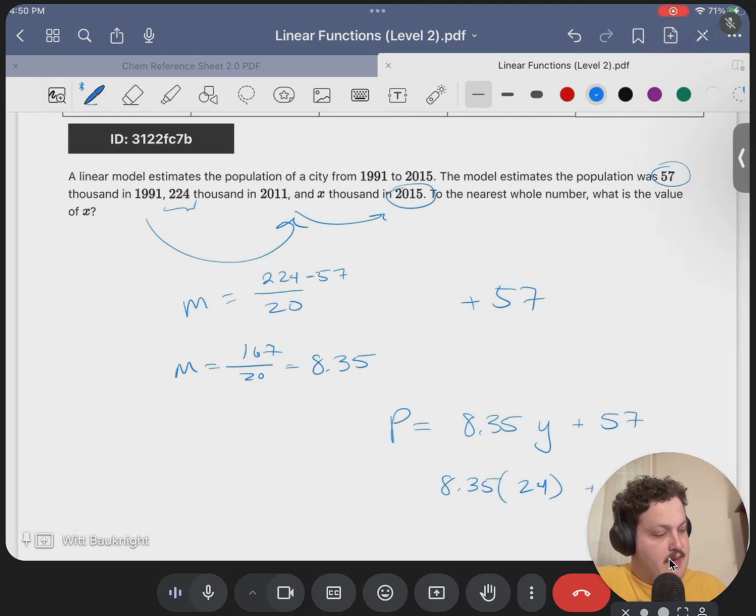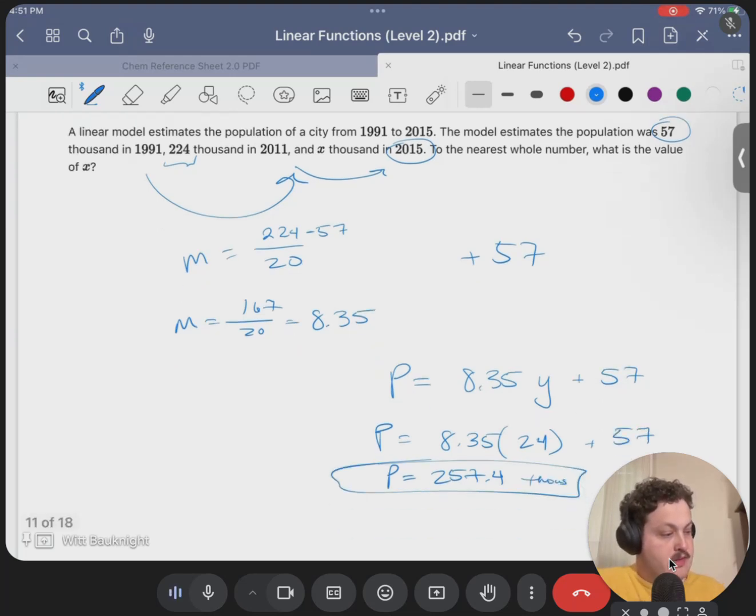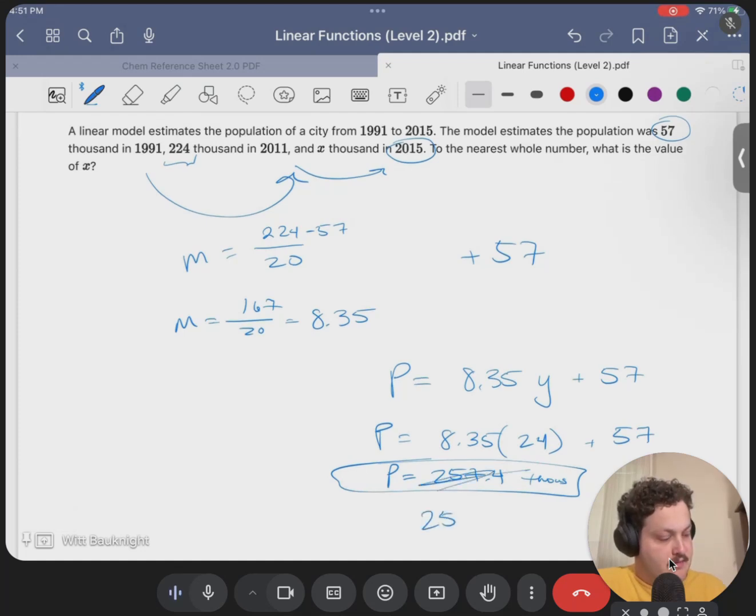So that's where I got that. 8.35 times 24 plus 57. We get the population to be 257.4 thousand. Oh, what's the nearest whole number? My bad. So that's 257. Cool.